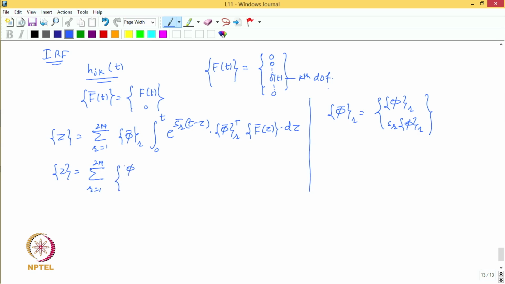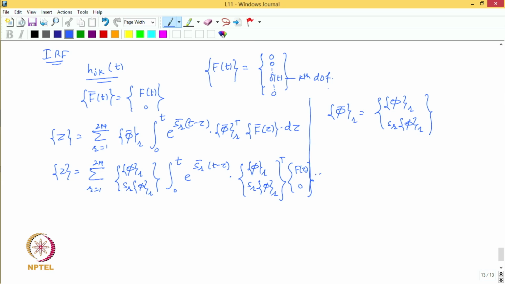So, here I am going to write down phi r, s r phi r, sorry, this s r is outside, and then I have integral 0 to t, e to the power s r (t minus tau) into phi r, s r phi r transpose, here I have f of tau and 0 with d tau, something like this.